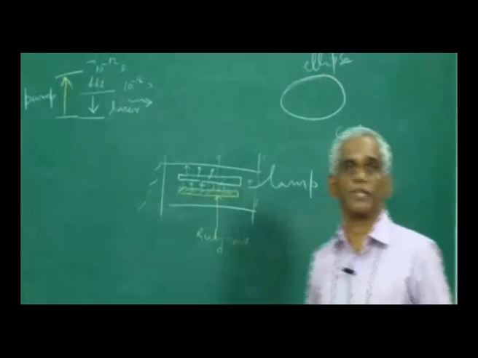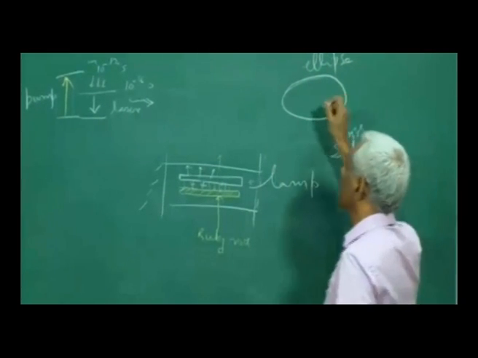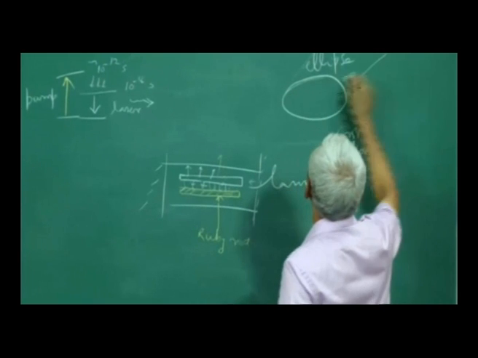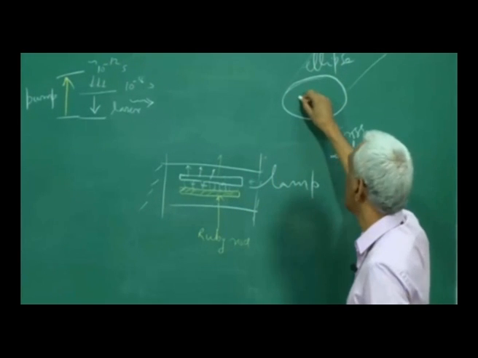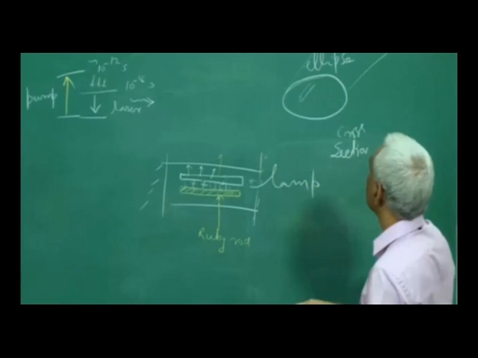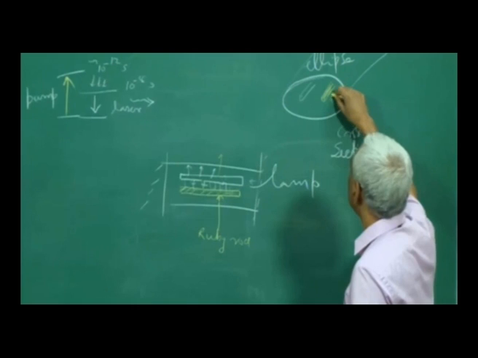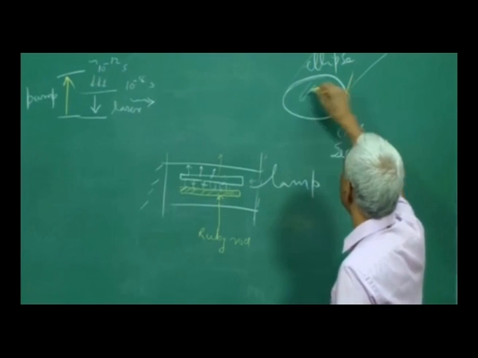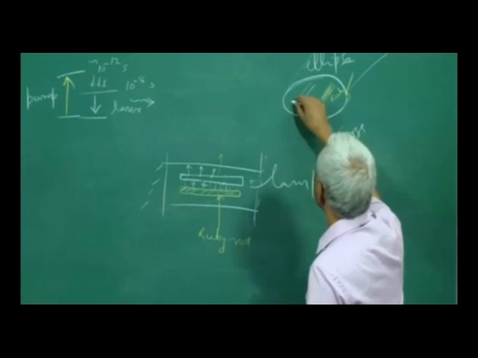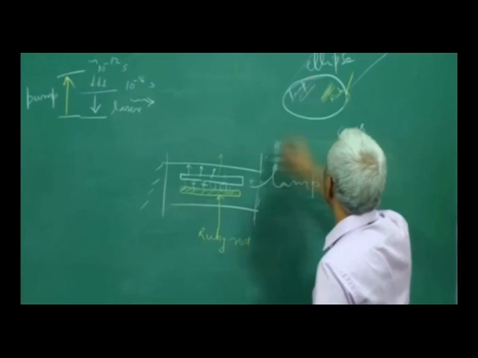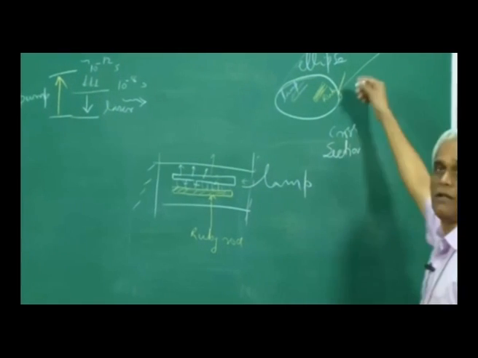I have drawn the cross section of the cavity. So it is looking like that. So the laser rod will be kept like this, the lamp will be kept like this.